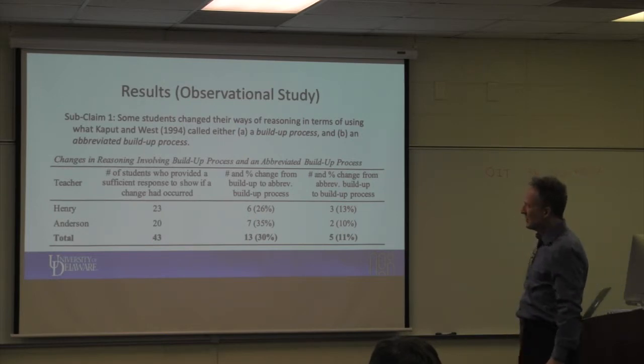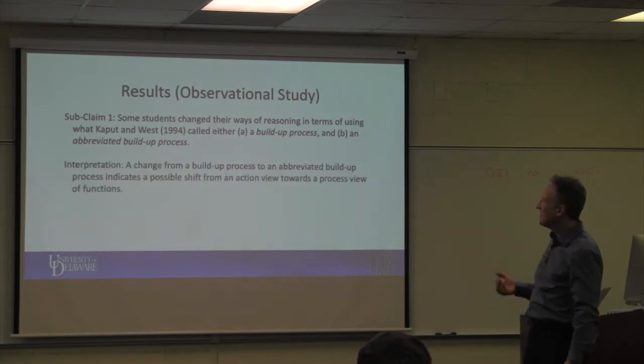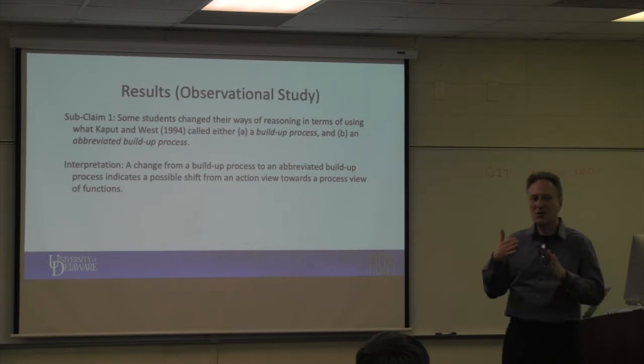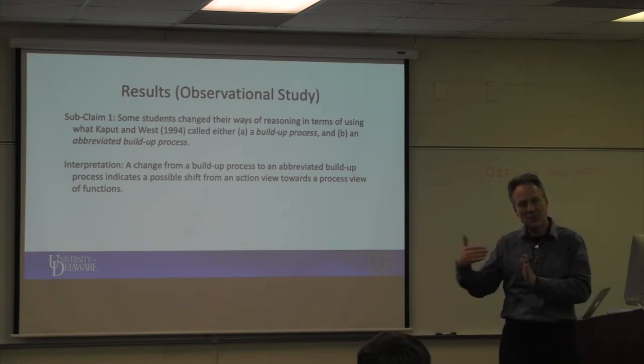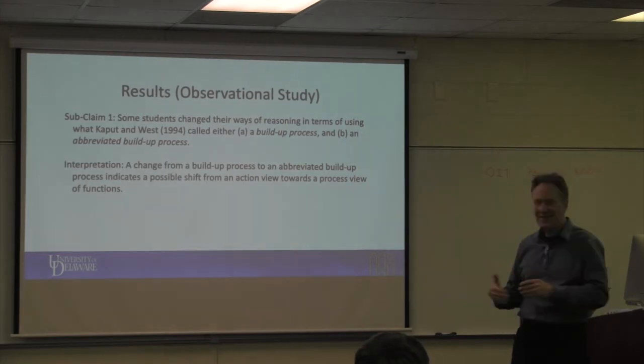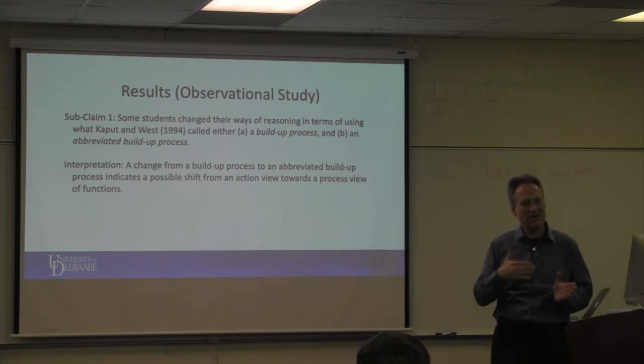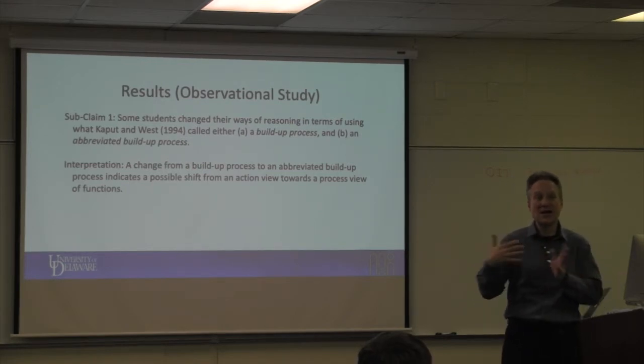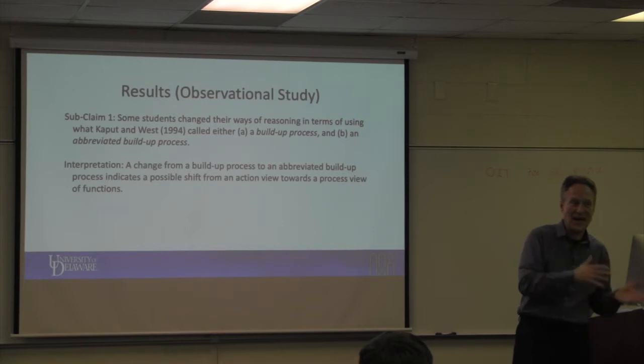Well, what's our interpretation of those findings? One thing we think is that going from a build-up to an abbreviated build-up could indicate a possible shift in the direction of a process view from an action view.